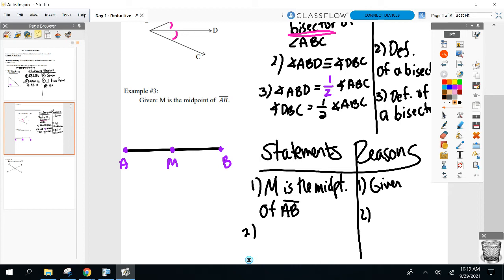Okay. What else is true? Maybe tell me what you marked on your diagram, or tell me what else is true here.